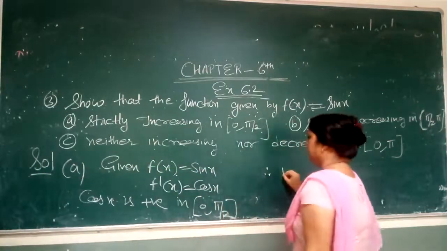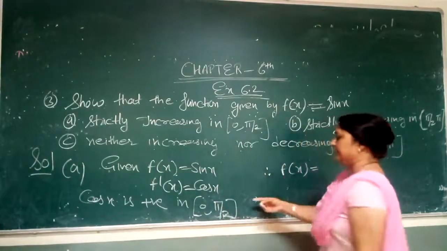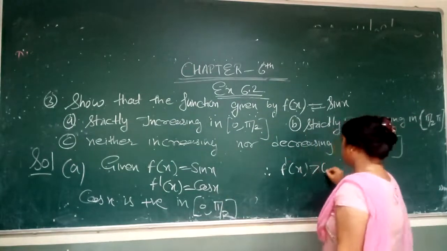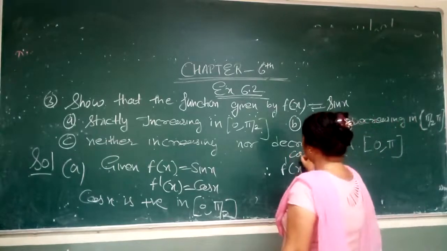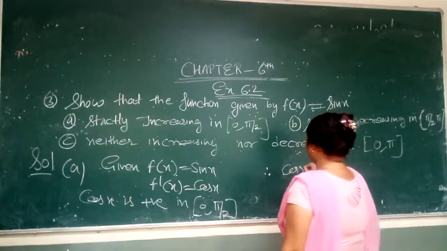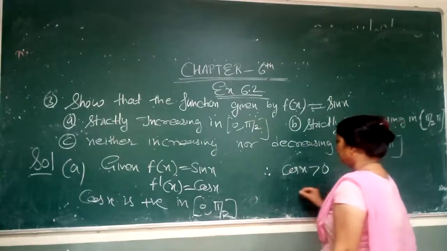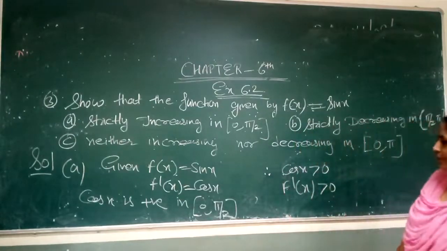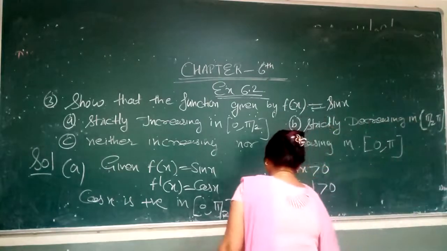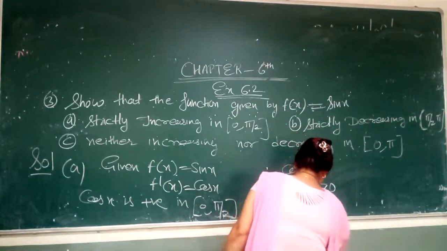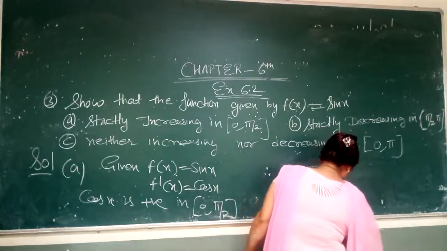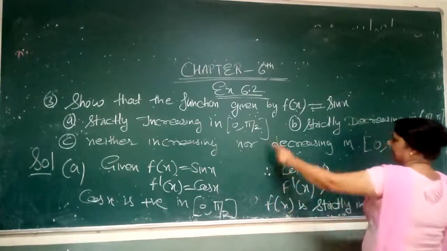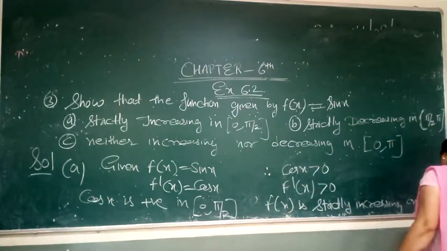Therefore f'(x) is greater than 0 because cos x is positive. Therefore, in the first case, f(x) is strictly increasing on the closed interval 0 to pi by 2.